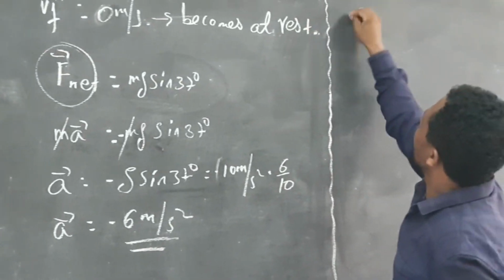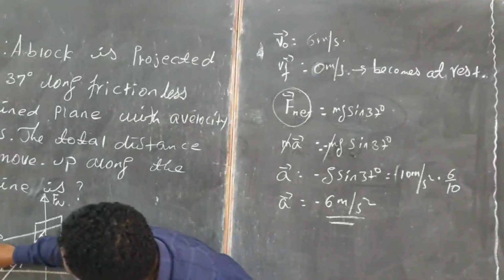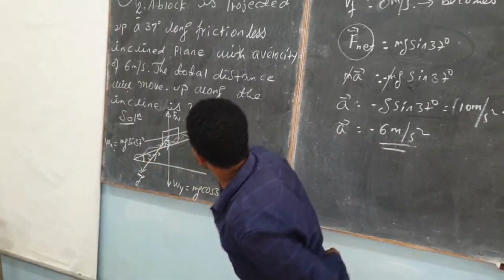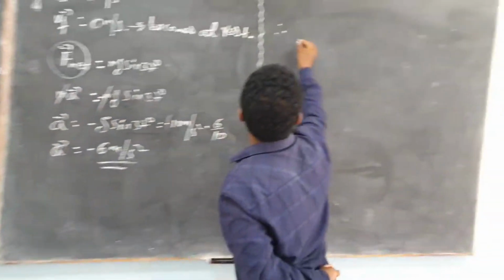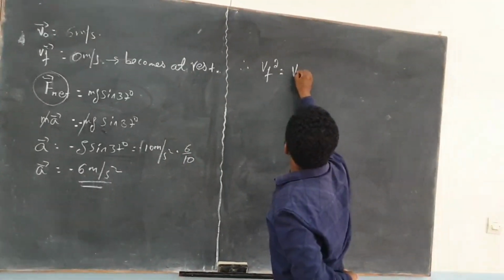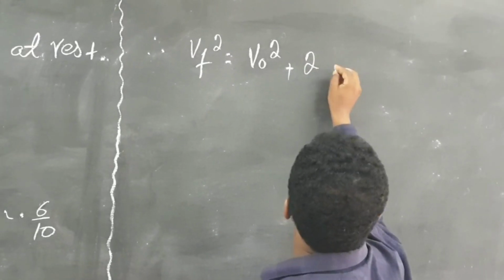And hence, to find the distance covered by the object, we have to use this formula, as we discussed in our earlier discussion.